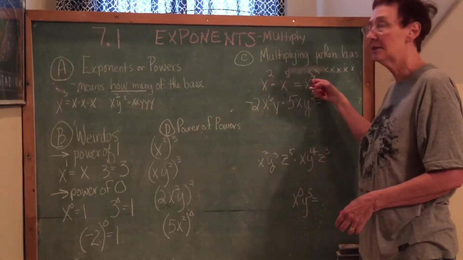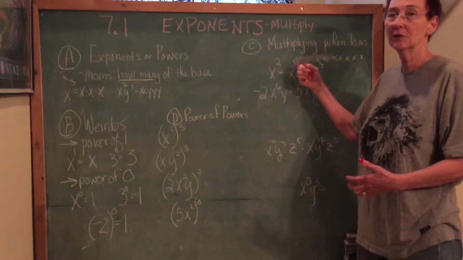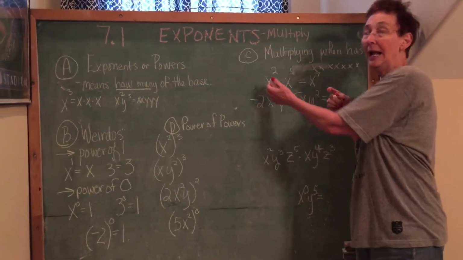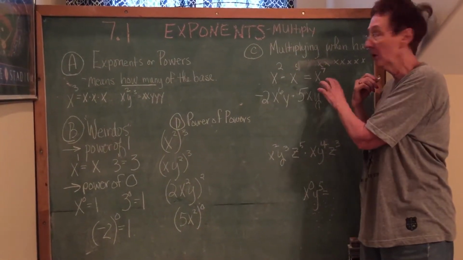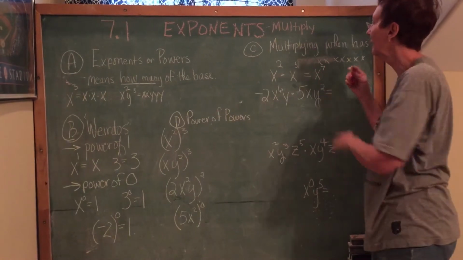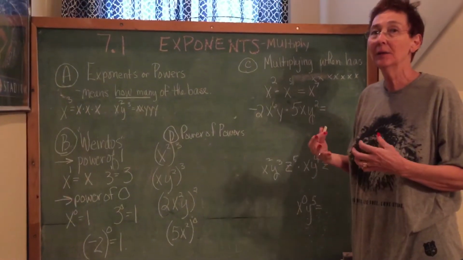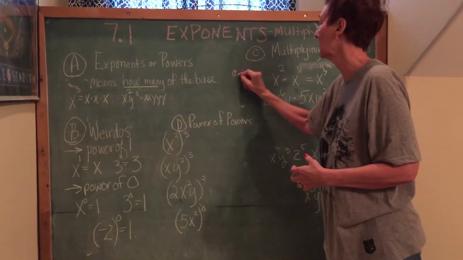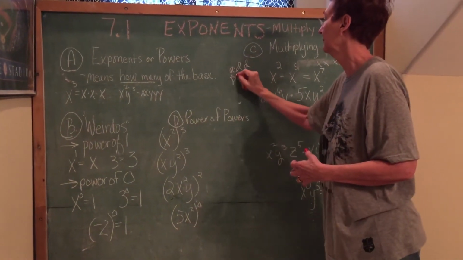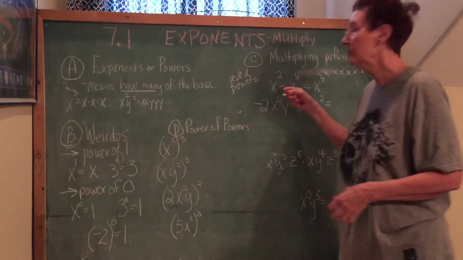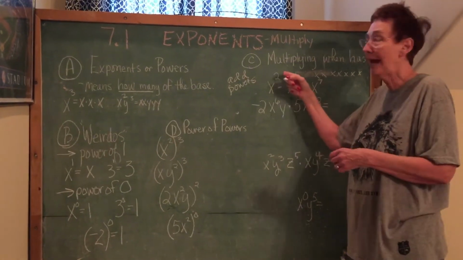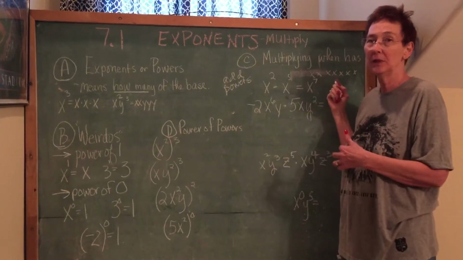How do you get 7 from x squared times x to the 5th? Well, you took 2 of them and you added 5 more, and that gives you x to the 7th. So your new shortcut is that you can add the powers of like terms. So even though it's a multiplication problem, you can add the little numbers, and that would be a shortcut.